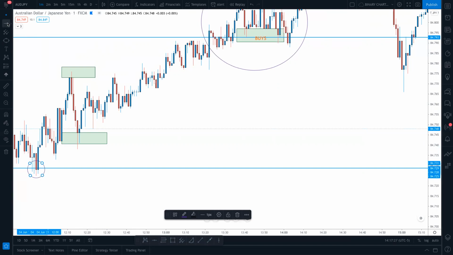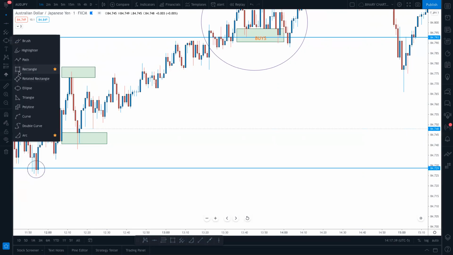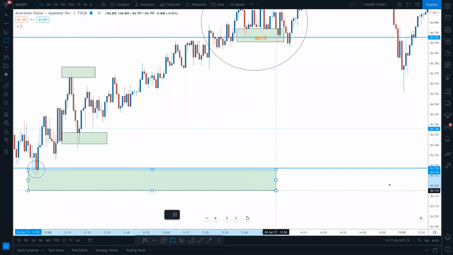Price previously rejected from this price point. So that is now a zone. To draw that zone, you simply get your rectangle and you drag it all the way over.